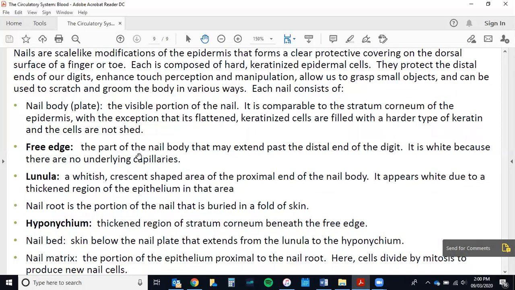Okay, our final structures of the integumentary system are fingernails and toenails, which are scale-like modifications of the epidermis, forming a clear protective covering on the dorsal surface.